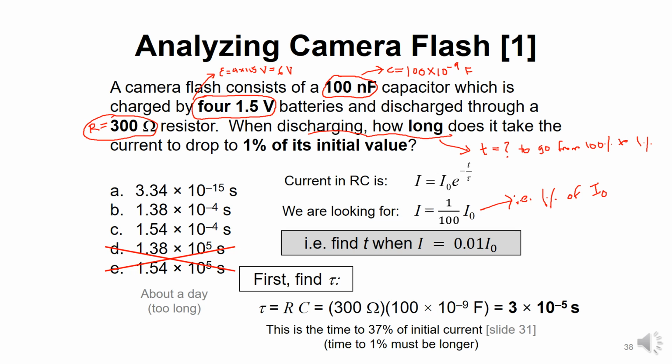Okay, and we can see the time constant here is in the order of 10 to the negative 5, which means that option A is too small. Okay, because we are looking at a time that's a lot bigger than 10 to the negative 5 seconds. We are looking at the time it takes to go from 100 to 1%, which should obviously be a lot bigger than the time it takes to go from 100 to 37%. Okay, so we exclude option A. We are just left with options B and C. Both are in the order of 10 to the negative 4 seconds.